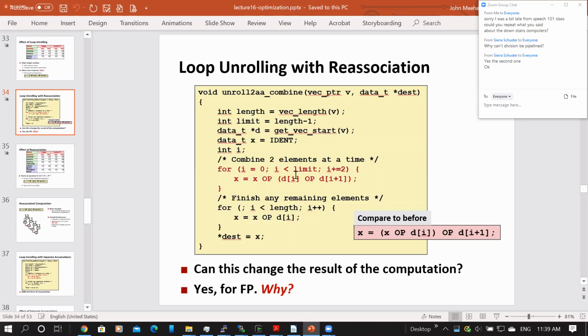So I got this I and this I plus one, and now I hit the bottom of the loop. What does the loop do? It adds two to this guy, I, which hopefully is in a register. Can I do that at the same time that this operation here is still in his 3 clock pulses? Yeah, because I got an independent unit that does the integer add from the integer multiply or whatever, right? So that can overlap with this.